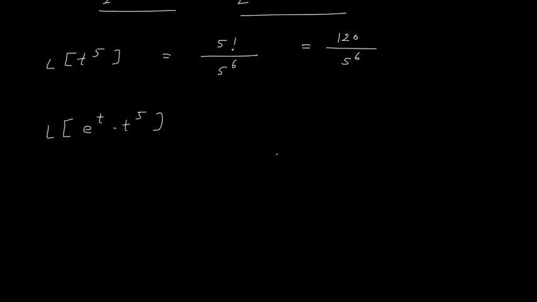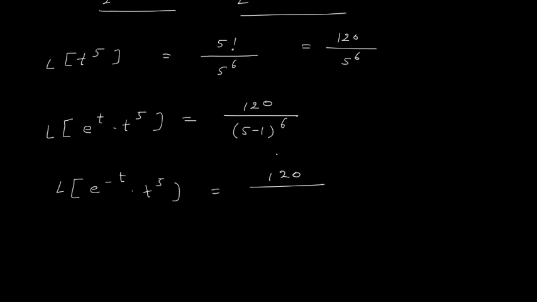So using the first shifting theorem, it will become 120 upon s minus 1 the whole power 6, and Laplace transform of e power minus t into t power 5, this will become 120 upon s plus 1 the whole power 6.